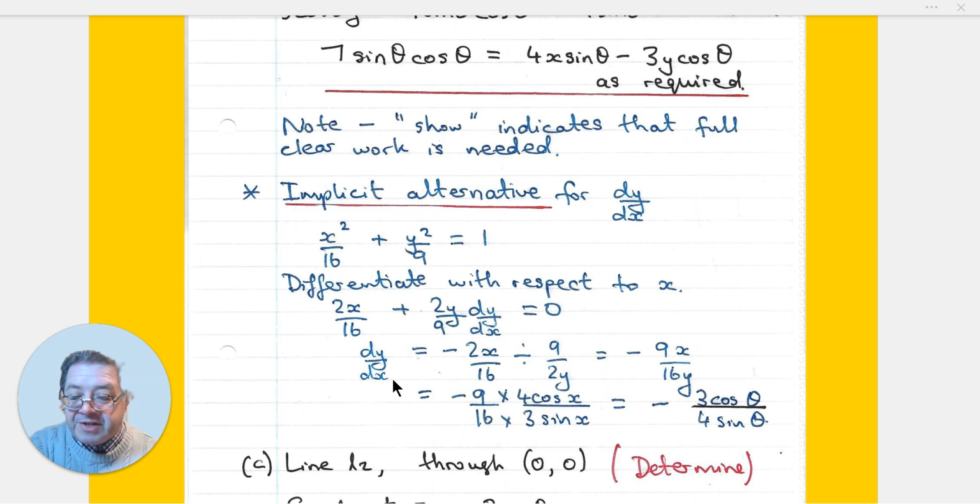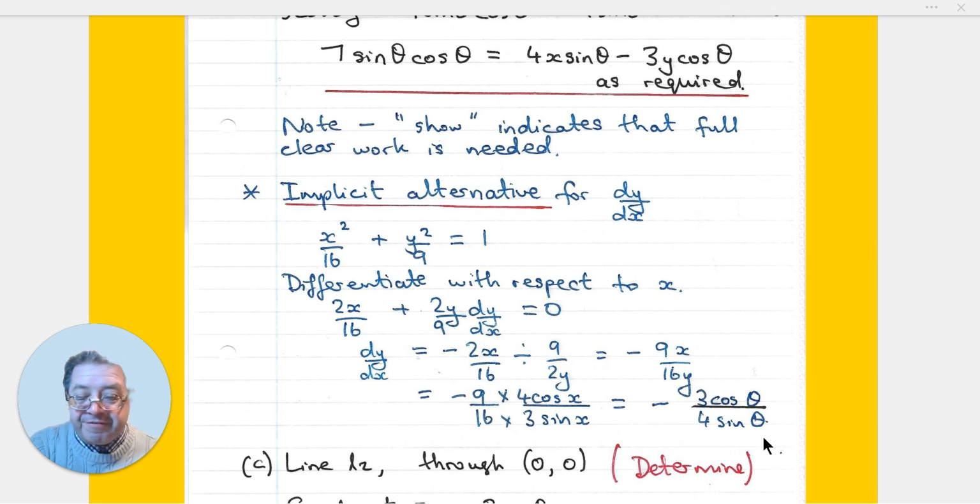Rearrange to find dy/dx equals minus 9x over 16y, and at the point P, we put in the x and y values, which are 4 cos theta and 3 sine theta, giving us the same answer for the gradient, minus 3 cos theta over 4 sine theta.